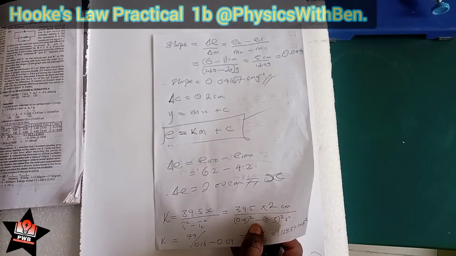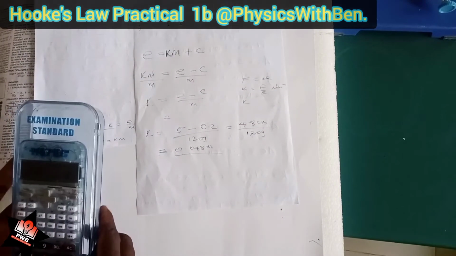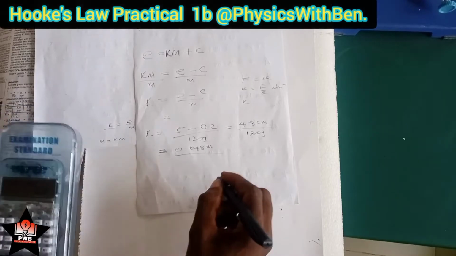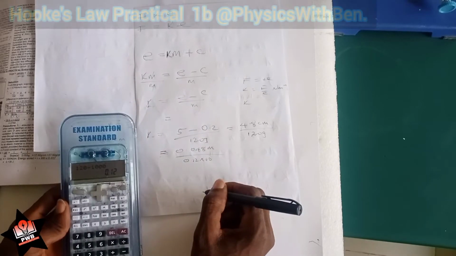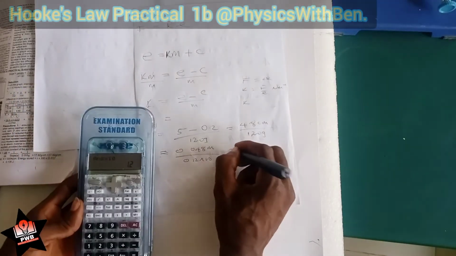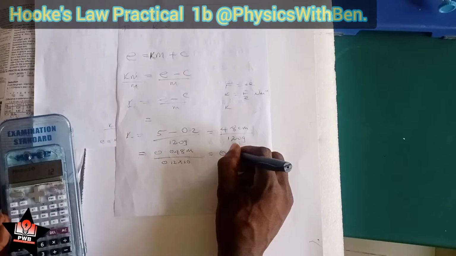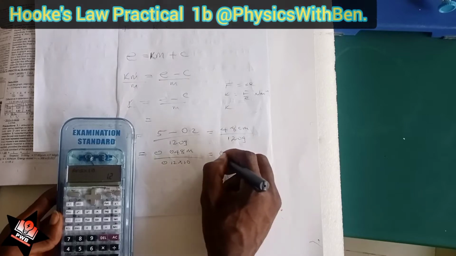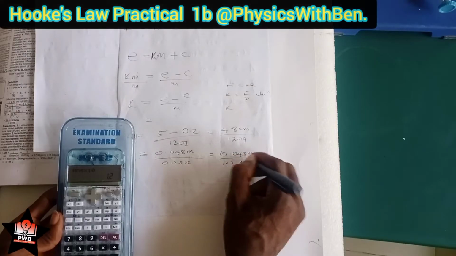Let me be sure of something here. So we divide 120 by 1000 to get it in kilogram, which is 0.12, times 10 to get Newton. That's the force. So we have 0.048 meters divided by 1.2 Newton.